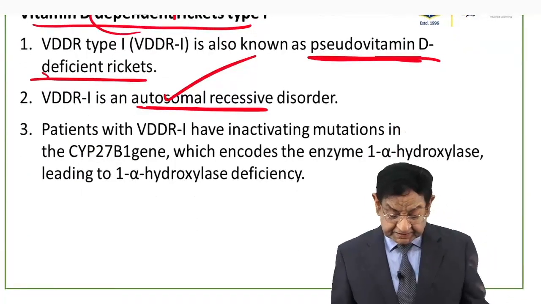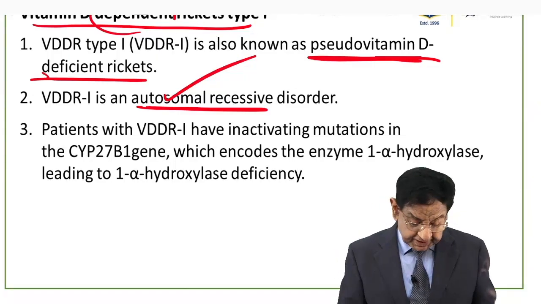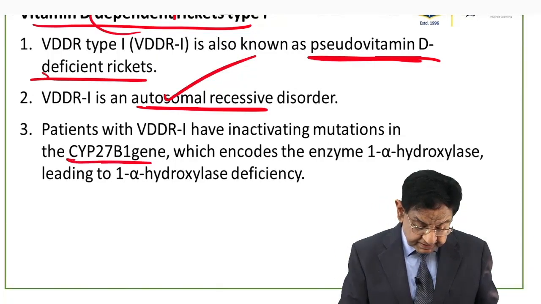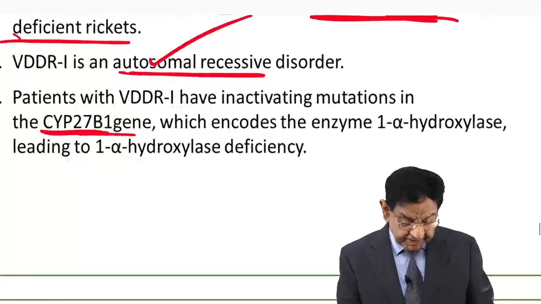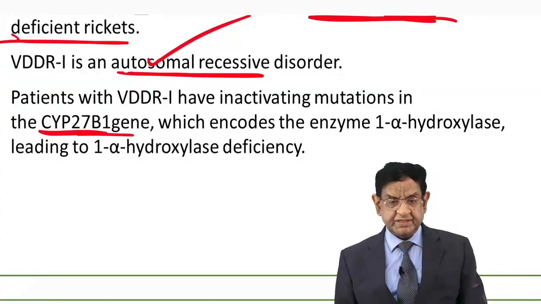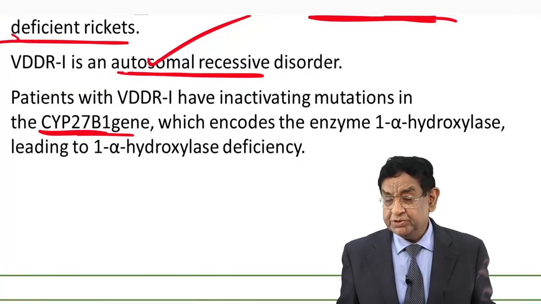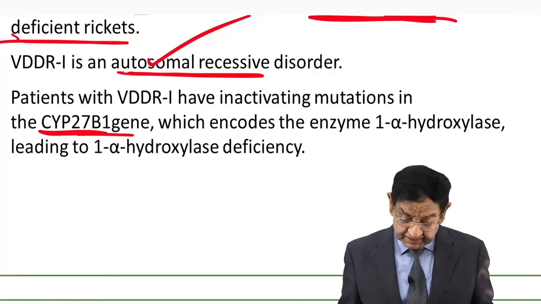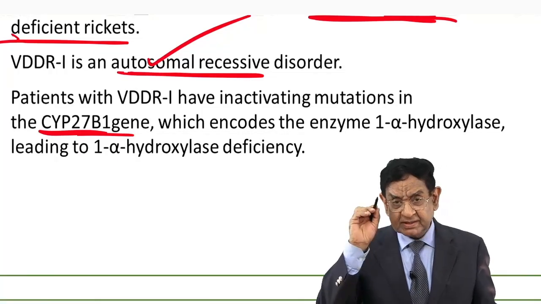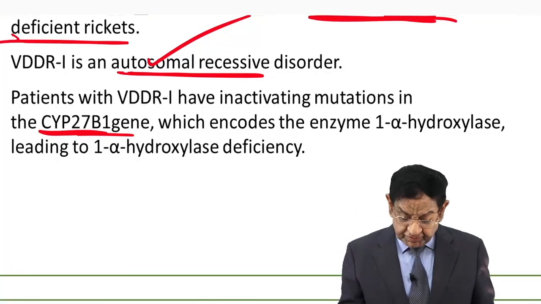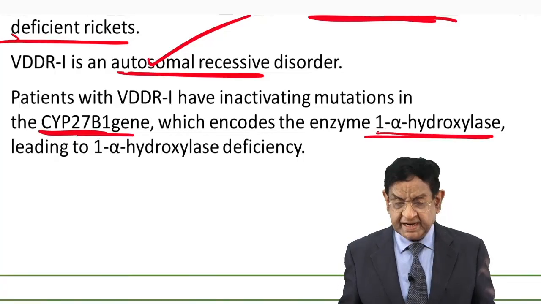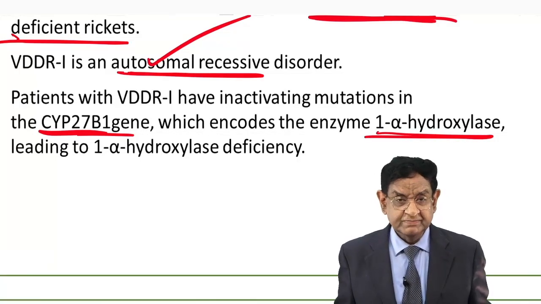Now what happened in these patients? There is a mutation in the CYP27B1 gene. You may or may not remember the gene, not important. But you should know the main effect. There is a mutation in the gene which encodes 1-alpha hydroxylase.